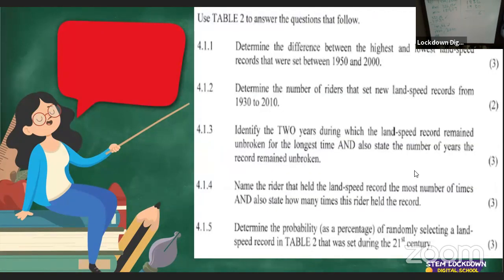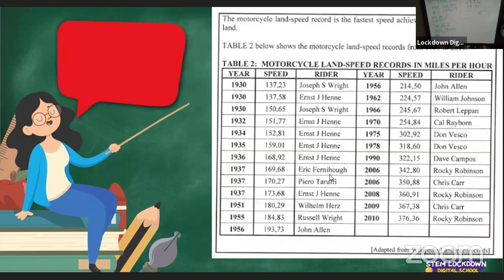So, okay. It says, name the rider that held the lane speed record the most number of times, and also state how many times the rider held the record. So this was the question you answered. So the rider was Ernst J. Hing. That was the name of the rider.